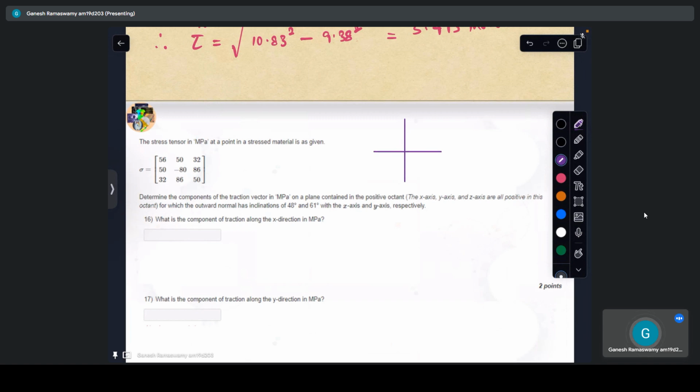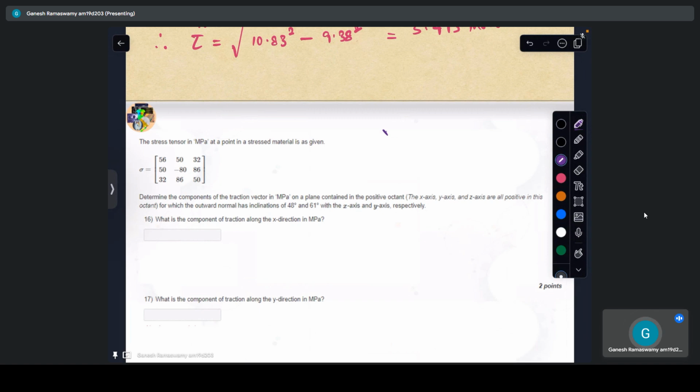Basically, in the two-dimensional coordinate system, we have four quadrants, out of which in the first quadrant, x and y are positive if we are talking about the xy plane. Similarly, when we have things in three dimensions, the space will be cut into eight octants, eight cubes, out of which in the first cube, x, y, and z are all positive. So this is the constraint that is given in the question.